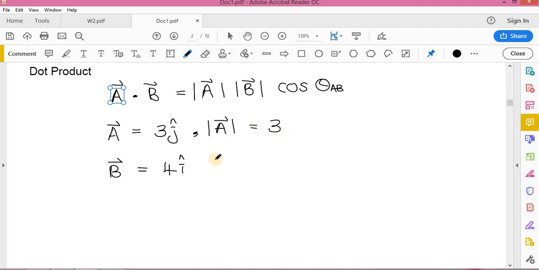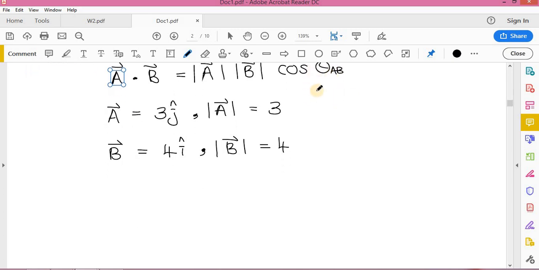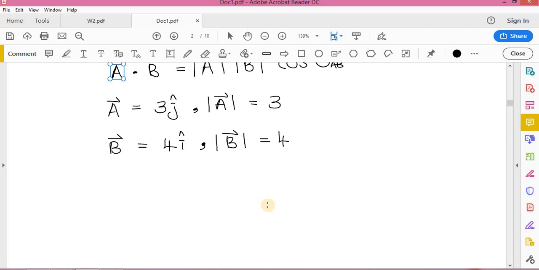So the magnitude will be 3 for A, and for vector B it will be 4. Next, how do we determine the angle? I have to explain it using a diagram. We use a 2D diagram here, not 3D, because we only involve i and j, which is the Y direction and the X direction only.